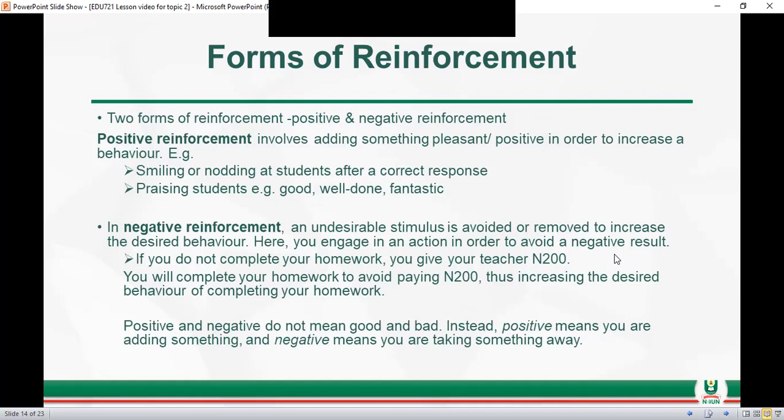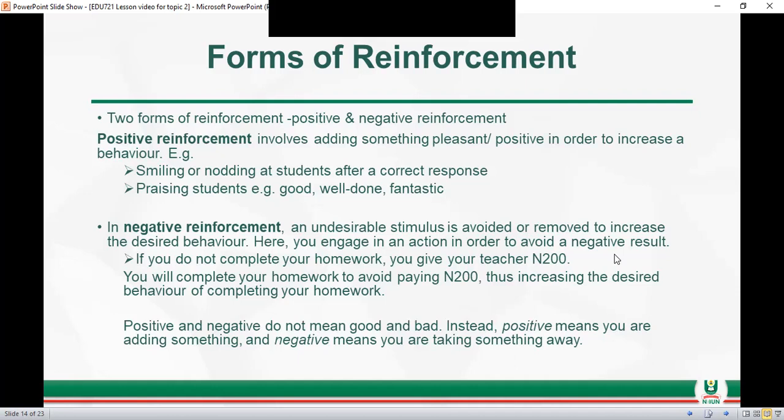Actually, there is a way a teacher can use negative reinforcement, not as punishment. It can play the role of a reward. There is a way a very skillful teacher can use negative reinforcement and it will play the role of a reward, yes.